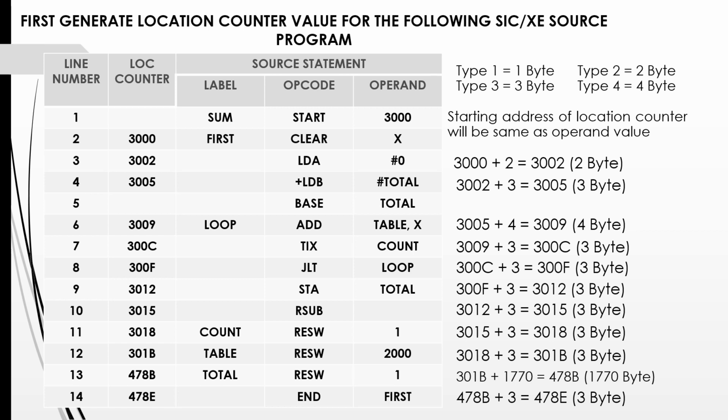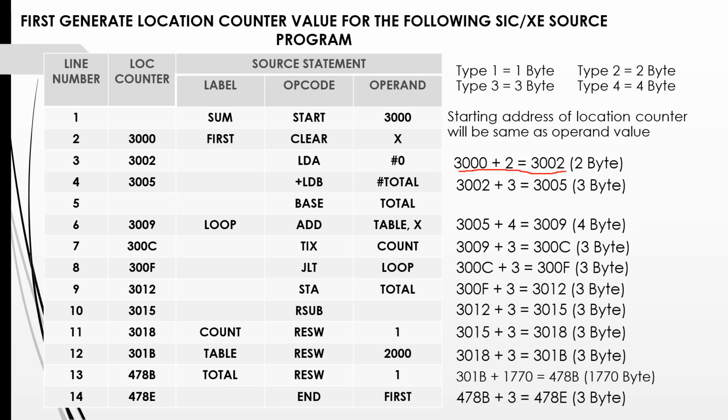Starting, the address of the location counter will be the same as the operand value. First, let us take the operand value as 3000. Then for the label, first we'll use the location counter as 3000, and for that location counter we have the value X. Whenever the value is X, then we have to add the type 2 instruction, because X is a register. For a register, we have to take instruction type 2. Therefore, we will add 3000 plus 2 is equal to 3002.